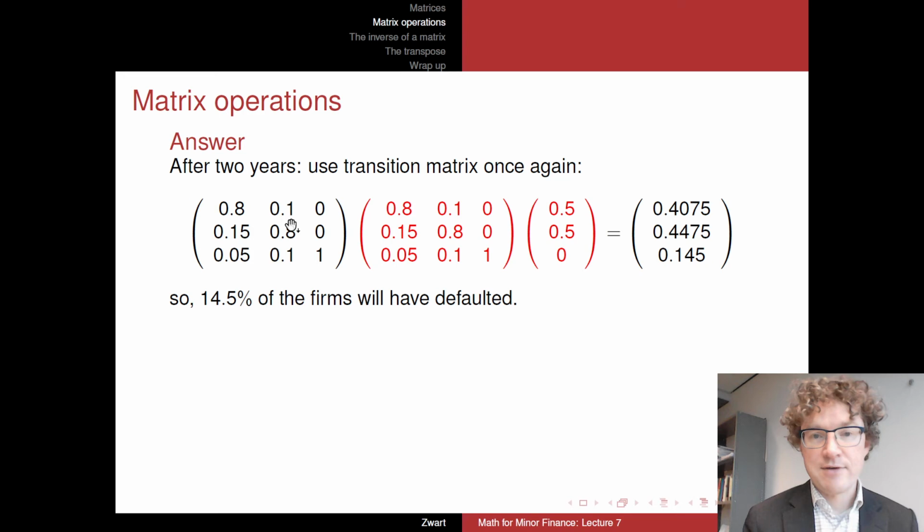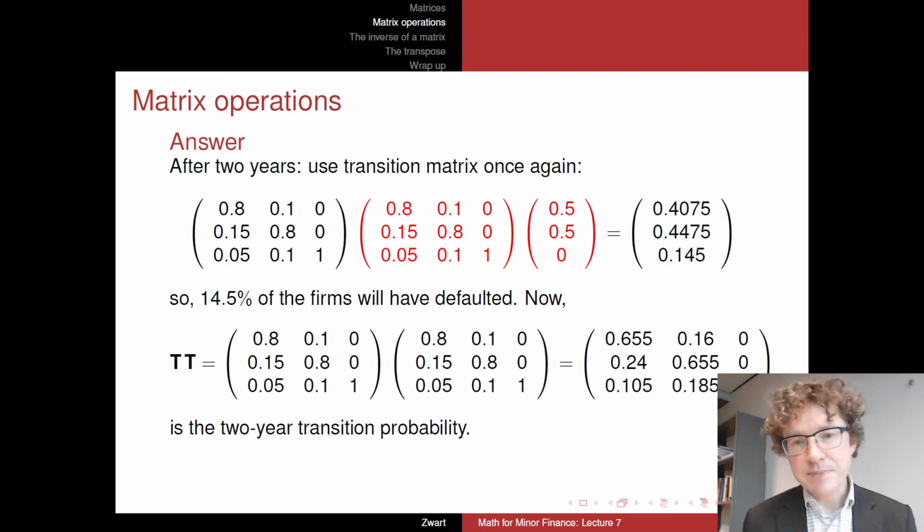Now I do the new computation by multiplying the resulting column vector again by this transition matrix, and I get a new column vector of distributions of firms that turns out to be this. You can verify that if you wish. So what we learn from this vector is that 14.5% of the firms will have defaulted after 2 years.